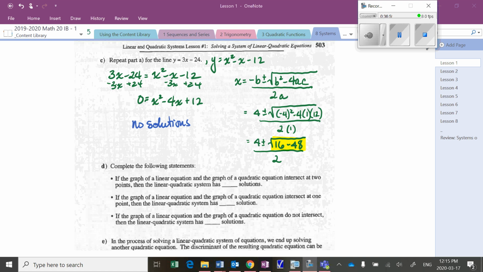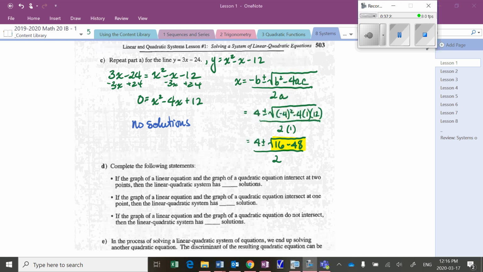Okay, so we got down to that quadratic simplified trinomial. 0 is equal to x squared minus 4x plus 12. It didn't factor nicely, and so our only choice was then to go into the quadratic formula, because just because it doesn't factor does not mean there are no solutions.